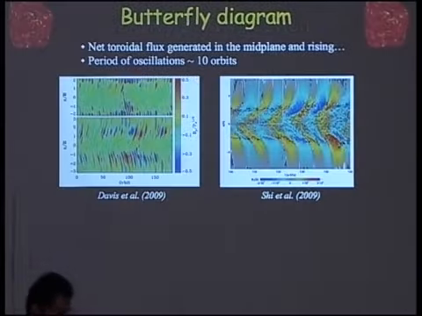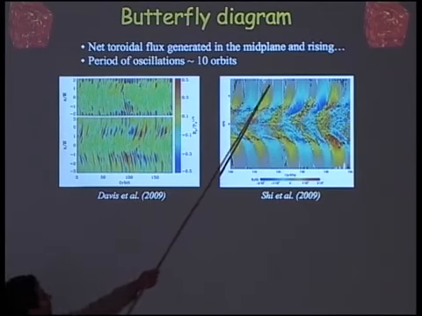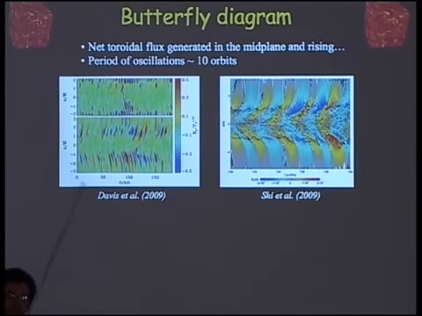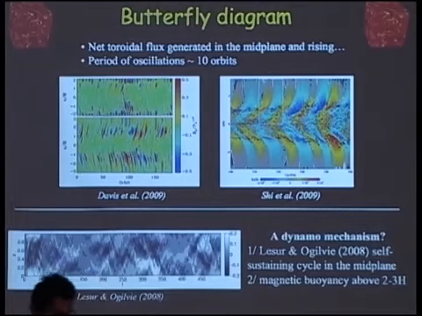One thing that seems to emerge out of this result, and a similar paper that was published by Shi and Krolik recently, is that you have a butterfly diagram. If you look at the space-time diagram, you seem to see a large toroidal field generated in the mid-plane, like here, and then rising toward the top of the disk. It's something that has been noticed since the early 90s, and that seems to be a general feature of these simulations.